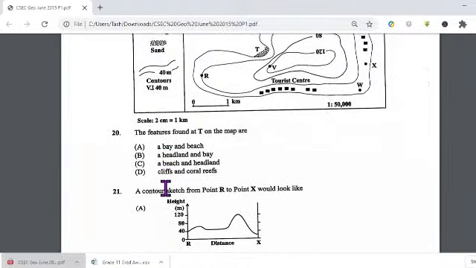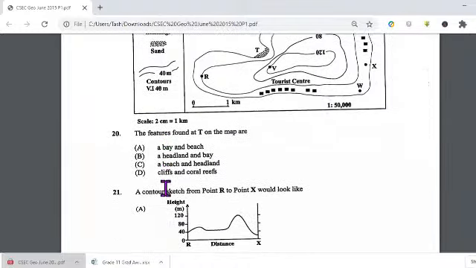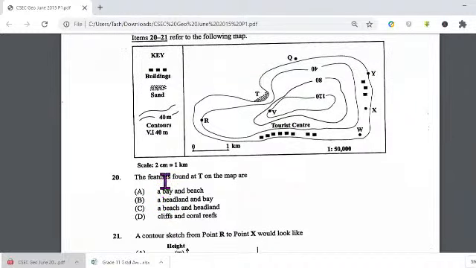21. A contour sketch from point R to point X would look like. So we have R to X here. So how you would do this, you would take a strip of paper, place it across here from R to X, and you would mark off where R starts, mark off where X ends, right?